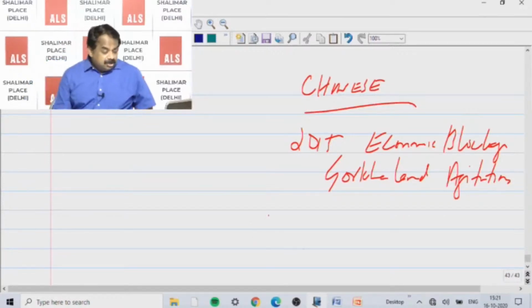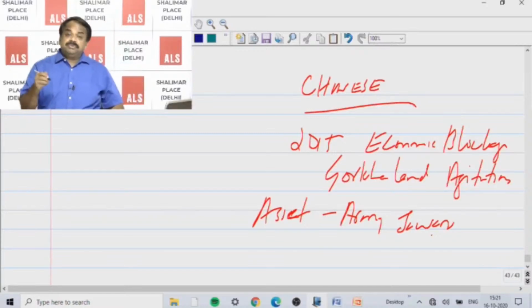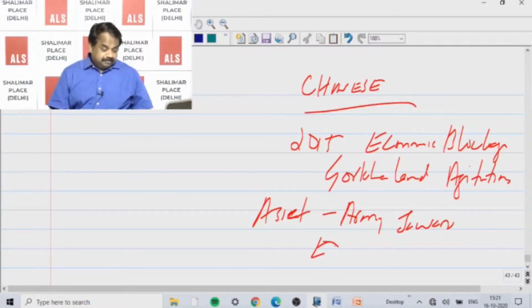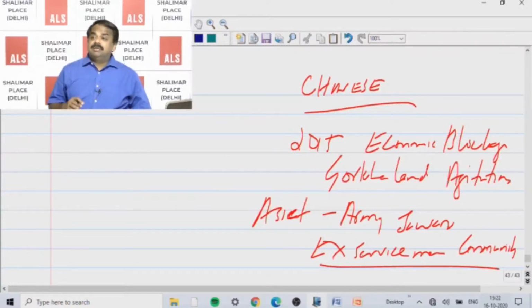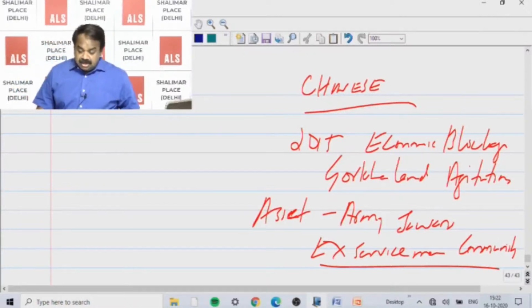India has a huge asset in terms of the army jawans as well as the ex-servicemen community.